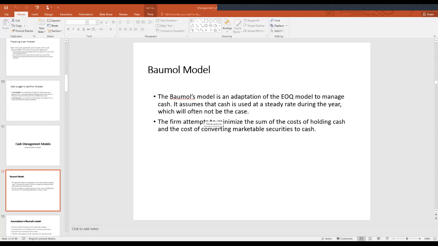What is the optimal amount of cash that we ought to be investing, because here you are the one investing cash. If you have a cash surplus, then of course you invest. If you have a cash deficiency, you're going to liquidate some of your previous investments to boost your cash levels. So every time you invest excess cash, in case you have more cash than you need, what should be the amount you invest? What should be the Q?